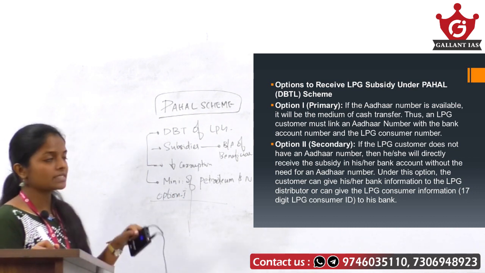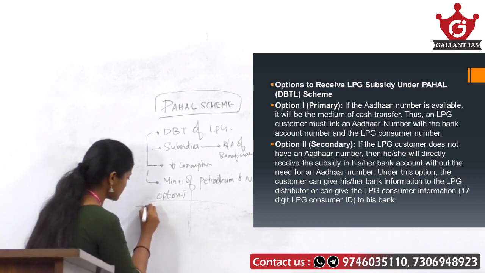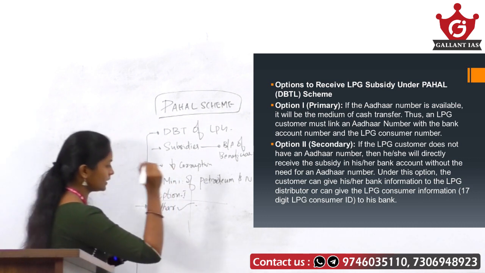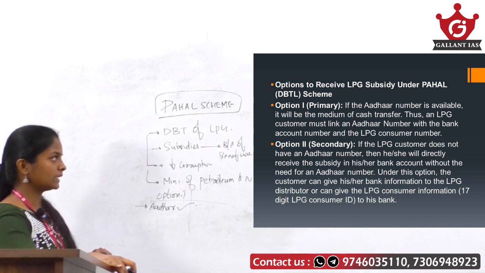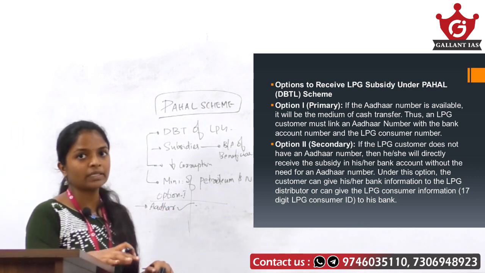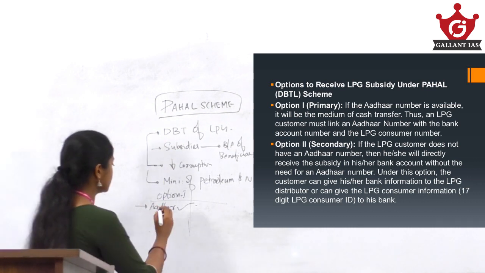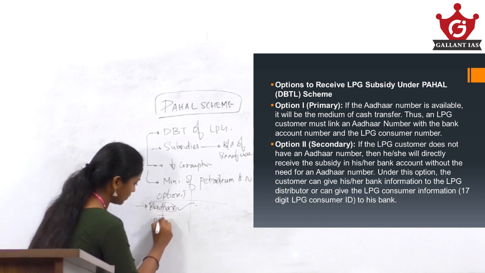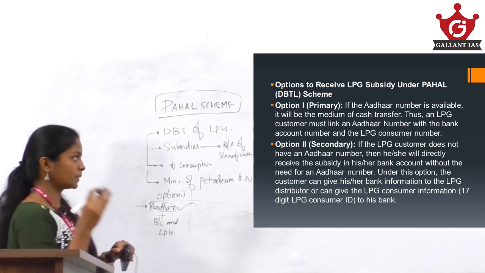In the first option, if the Aadhaar number is available, then the Aadhaar number acts as the medium of cash transfer. Thus, an LPG customer must link the Aadhaar number with the bank account and the LPG consumer number.